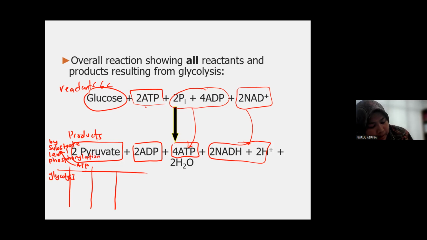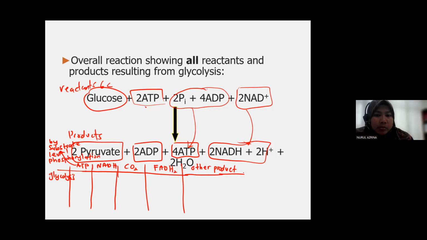Okay, ATP berapa? Lepas tu, berapa NADH yang kita dapat? And then, what else? Is there any carbon dioxide produced? Ataupun lagi satu, FADH2. Ada ke? And next one is other product. Okay, table ni Madam nak you all buat besar-besar sebab nanti kita akan bincang proses lain juga.